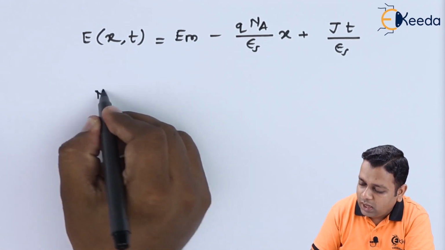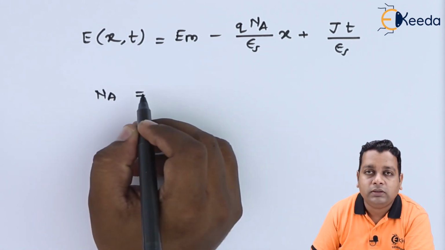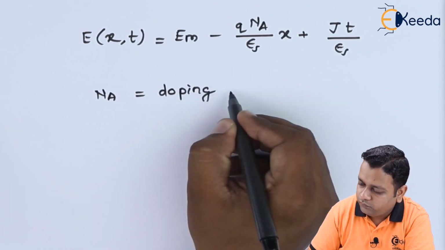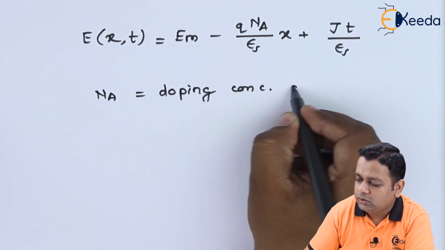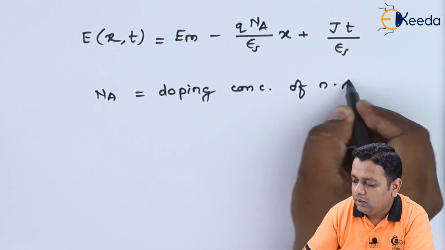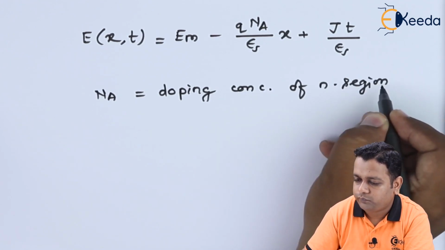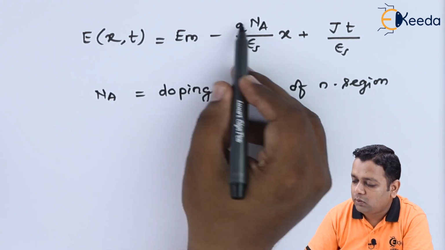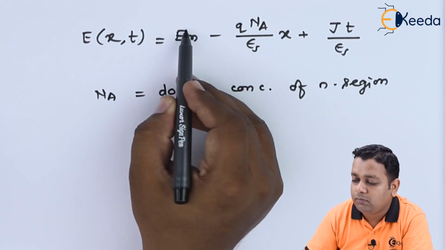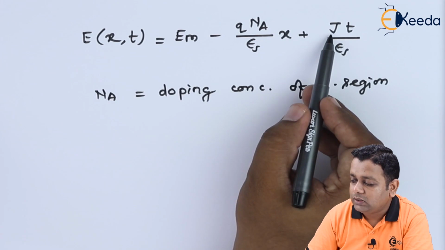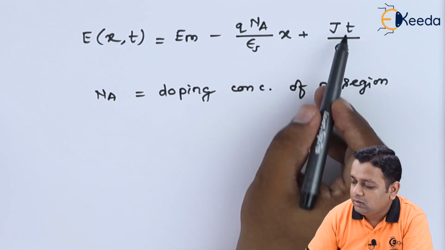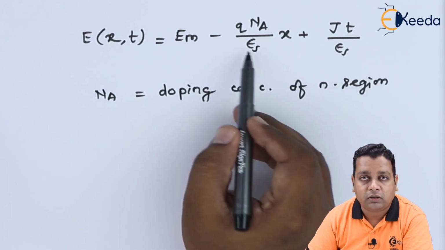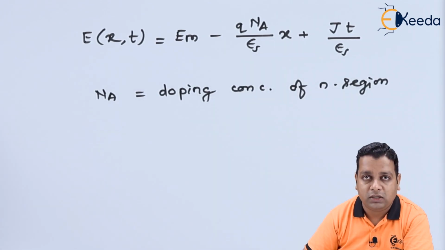So here capital N suffix A is nothing but the doping concentration of the middle N region, and the rest of the parameters: this is the electronic charge, this is the maximum electric field, this is the cross sectional current density, time t as a parameter, and permittivity of the semiconductor material are denoted here.